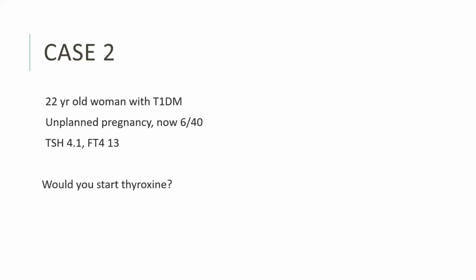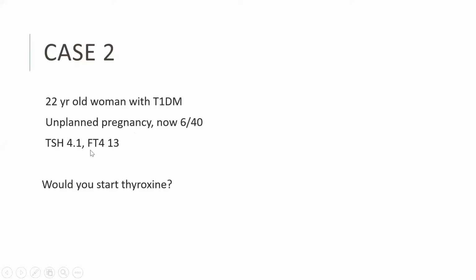Next is case number 2: a 22-year-old woman with type 1 diabetes, unplanned pregnancy. Now she's 6 weeks pregnant. TSH is 4.1, FT4 is 13. Would you start thyroxine? Because of the presence of type 1 diabetes, she's prone to develop another autoimmune disorder.